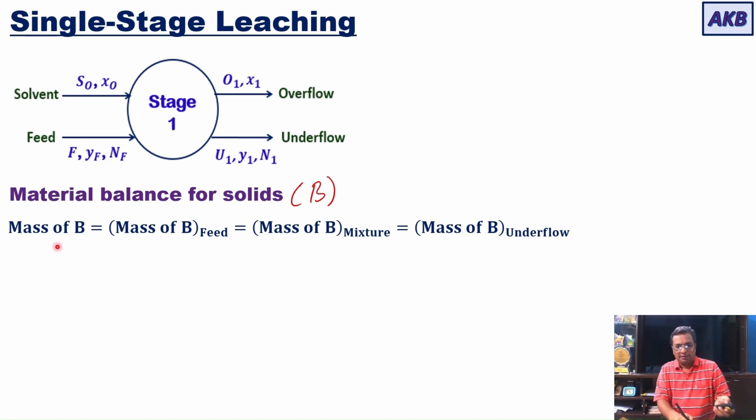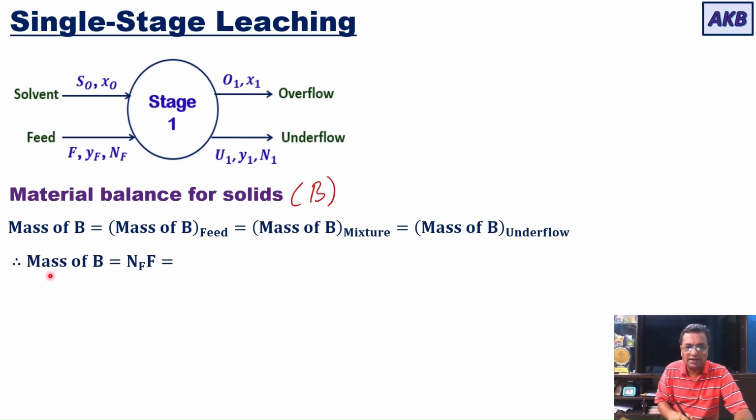That is, B that is present in the system is in the feed, then it goes to the mixture, and then it goes to the underflow. No B goes to the overflow. Now let us write it mathematically.